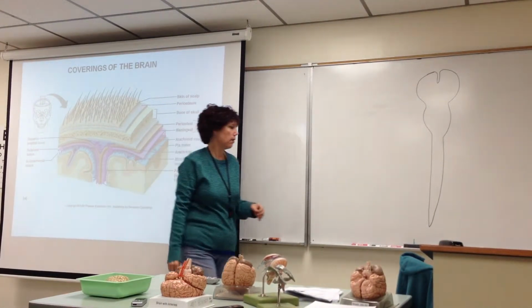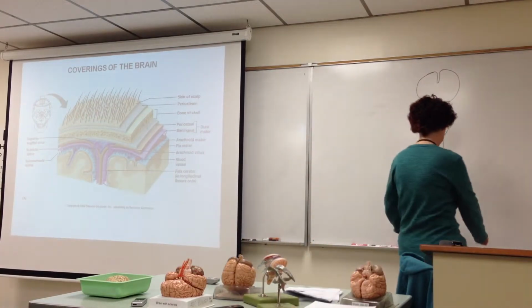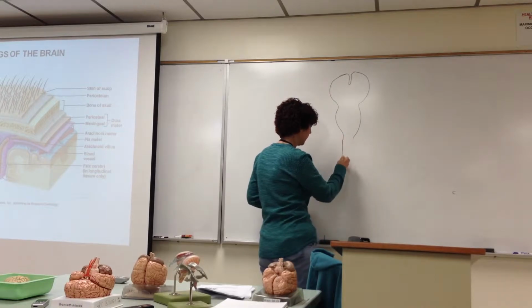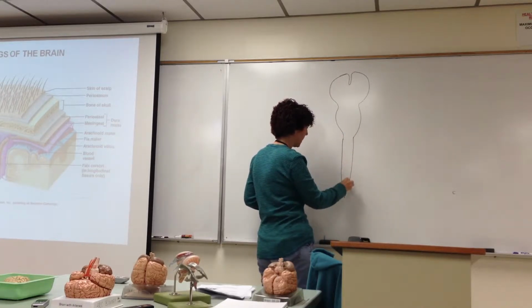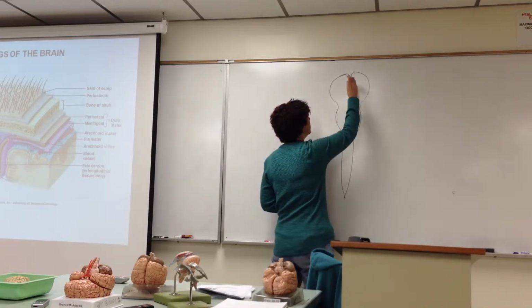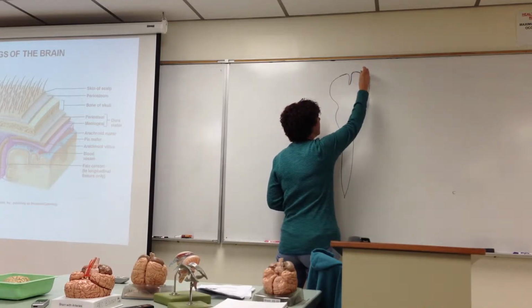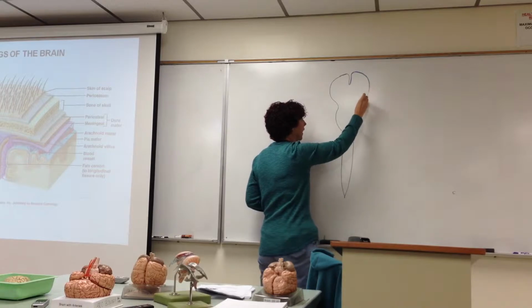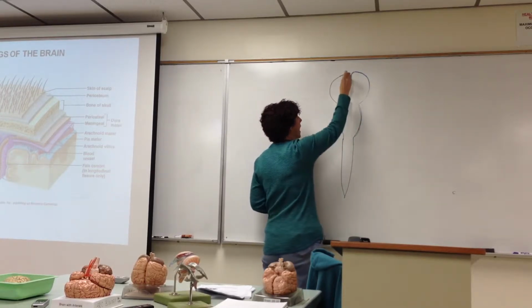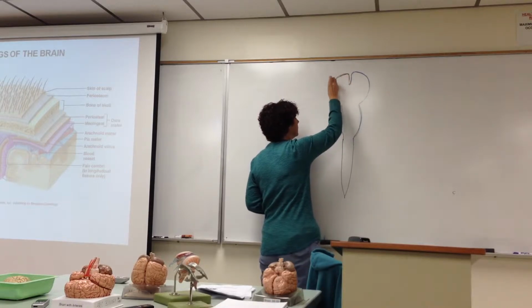All right? So to use the same colors, I'll use blue. And this innermost fine layer is known as the pia mater. So I'm going to draw that on here. And it covers the brain stem, and comes down the spinal cord.